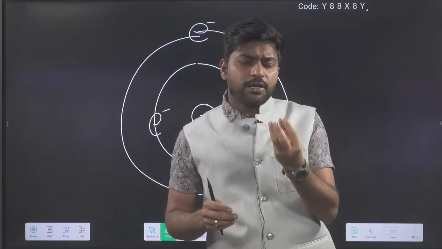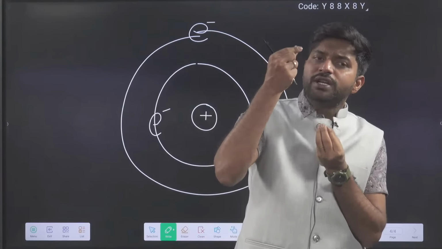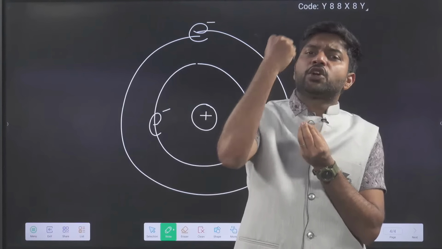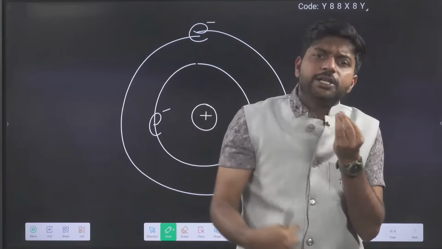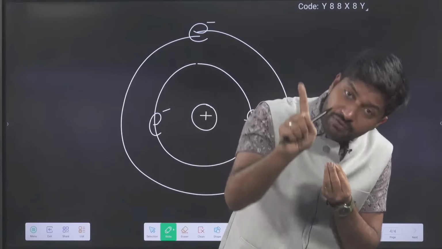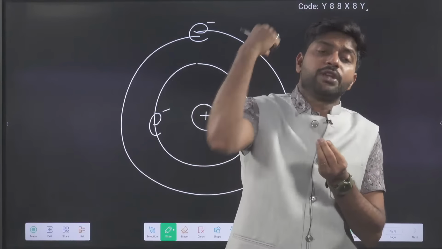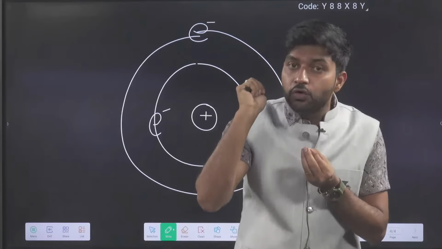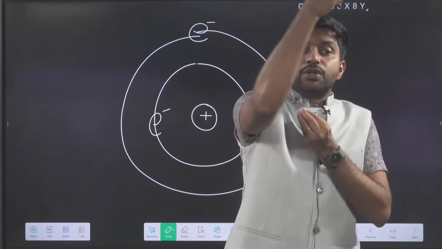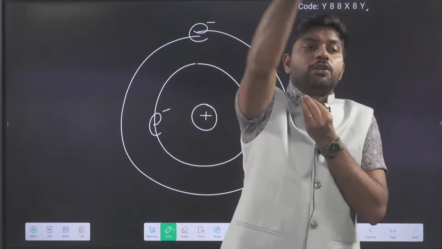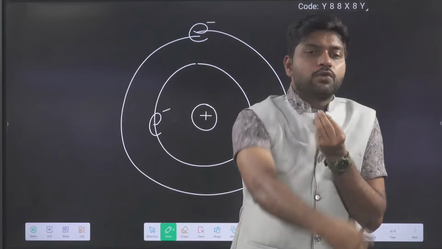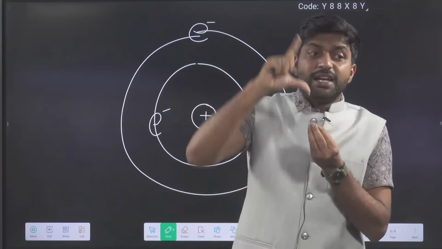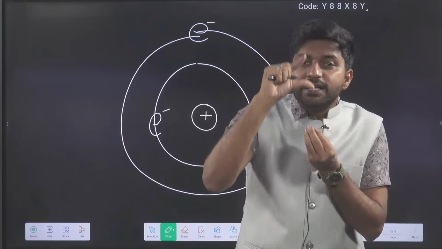Similarly, Maxwell said that no one is providing energy to this electron to revolve continuously, and still if it is revolving, it will lose its energy and go down. So if it is running in a big radius circular path, its radius will decrease.